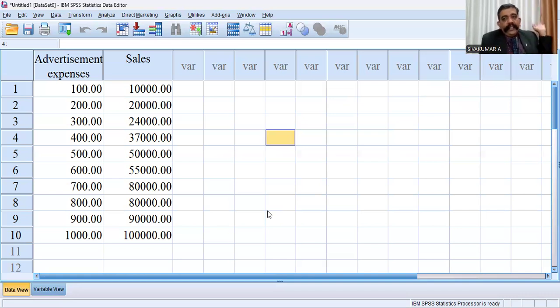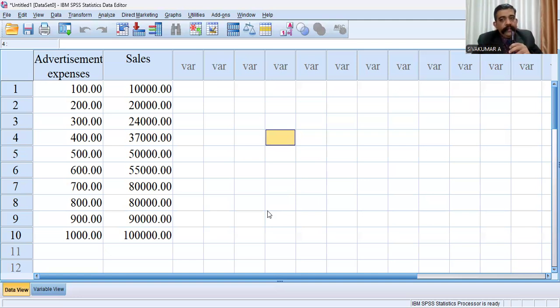Here, simple regression analysis, one independent variable, one dependent variable. Null hypothesis: there is no statistically significant relationship between advertising expenditure and sales. Alternate hypothesis: there is a statistically significant relationship between advertising expenditure and sales. Then insert the variable names and data values.